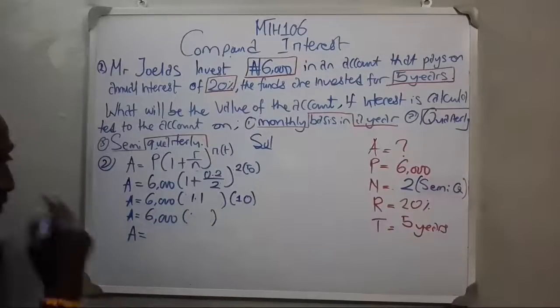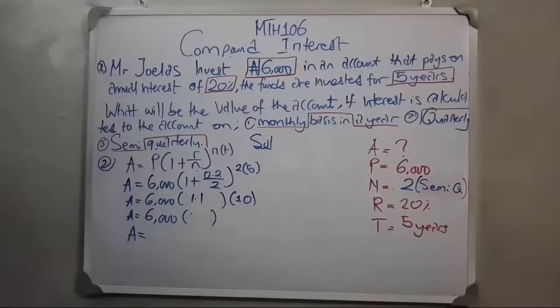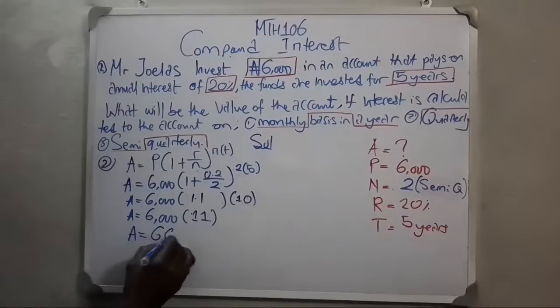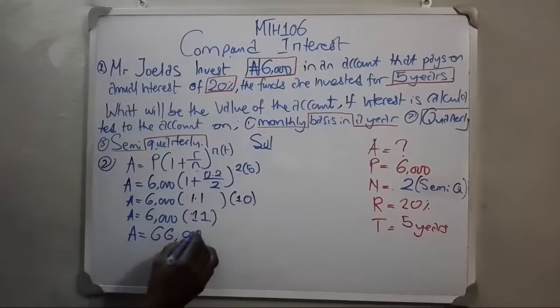So 1.1 multiplied by 10, that's giving us 11. Now this will be multiplied by 6,000, and we are having 66,000.